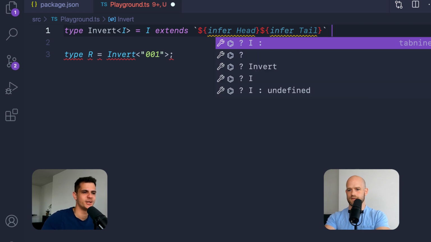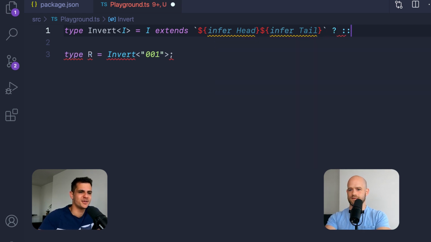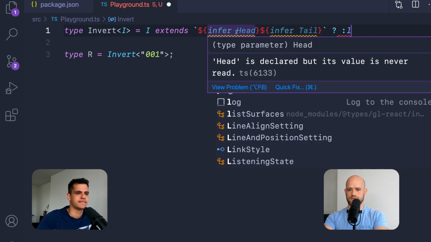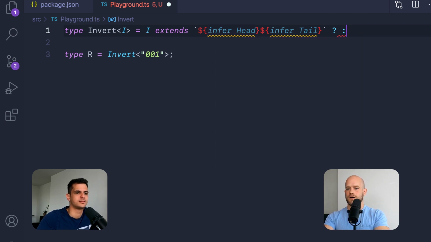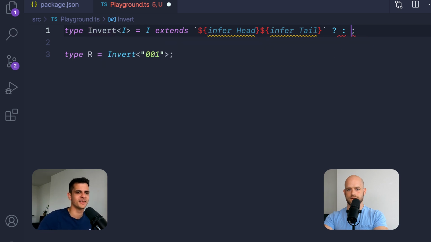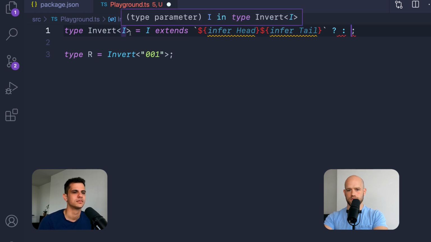Interesting, the infer keyword. I don't see that very often. If we cannot infer, we can return the result.